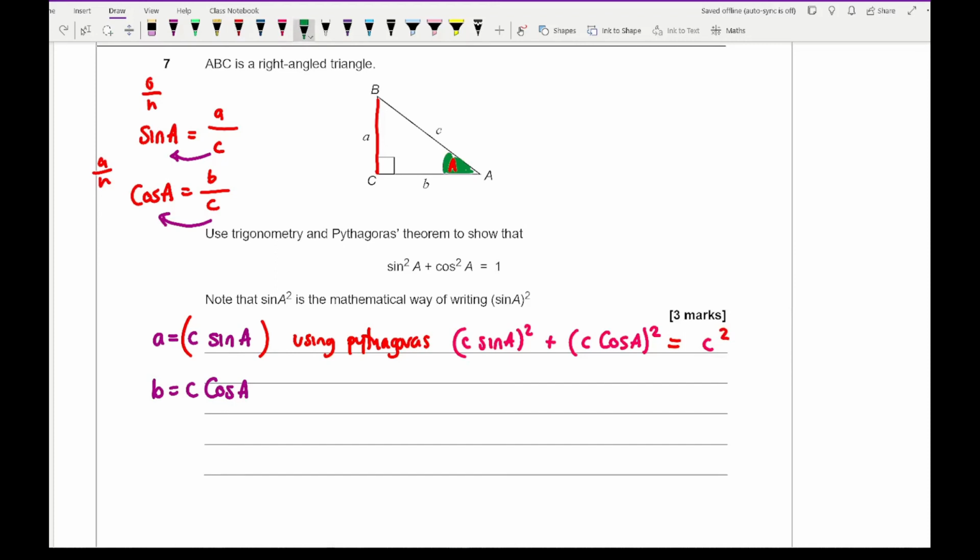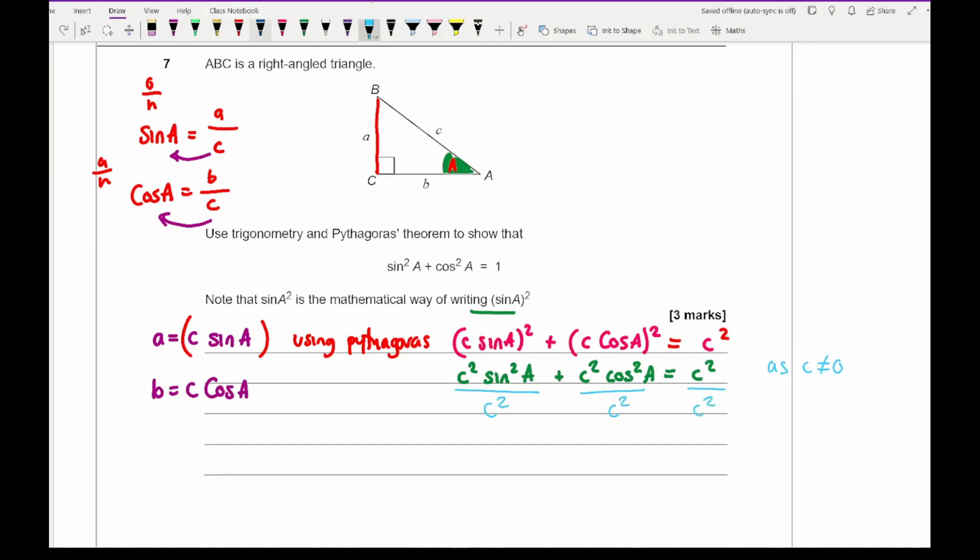Now, as it mentions here, we can write this as c squared sine squared A plus c squared cos squared A equals c squared. Now, from this, because we know that c has got to be a length, c can't equal 0. So as c cannot equal 0, I can divide everything by c squared.